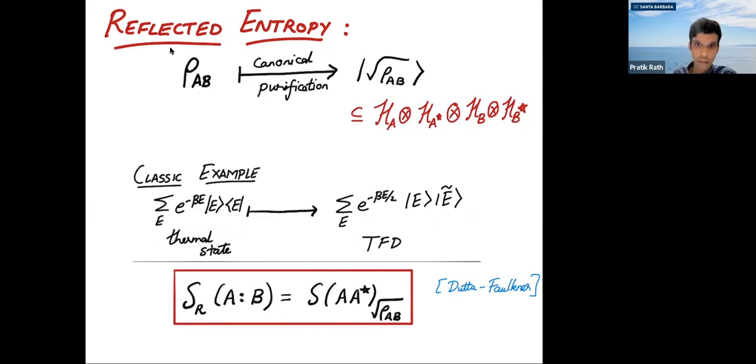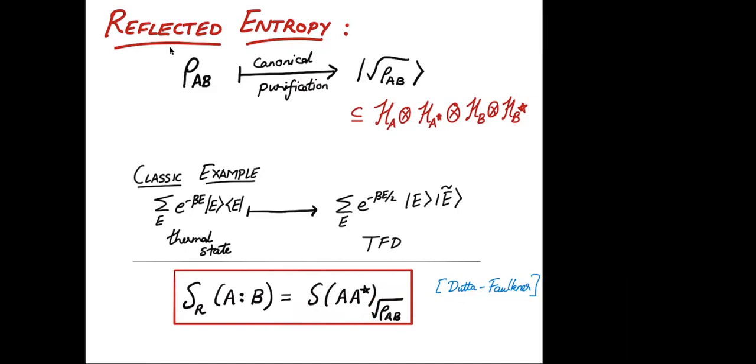Given this, the reflected entropy is defined as follows. The reflected entropy between A and B is just the entropy of AA star, so A and its reflected copy, in the canonically purified state. Okay, so this was something that was proposed in a paper by Dutta and Faulkner. And we'll see why it's interesting in holography.